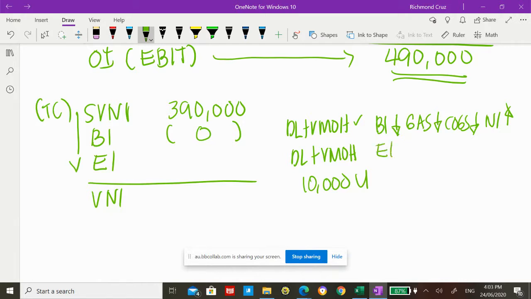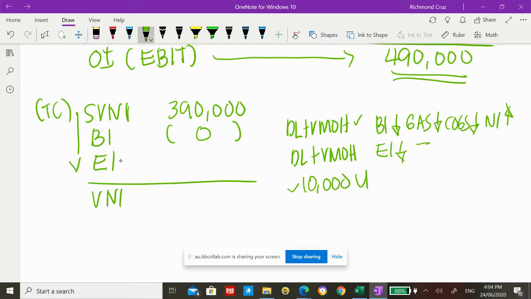Why understated? Because variable costing includes direct labor and variable manufacturing overhead as part of the product cost of these 10,000 units of inventory. But super variable does not consider the direct labor and variable manufacturing overhead as part of these 10,000 units in ending inventory. So therefore, this is understated.